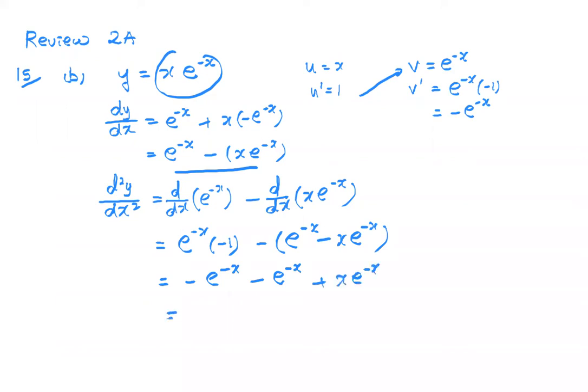So take away 1, take away 1, take away 2. Am I right? All right? Okay, if you want, factorize it also can. So I will write it as e to the power negative x, x minus 2. Got it?